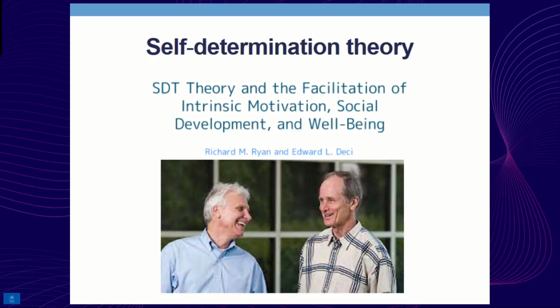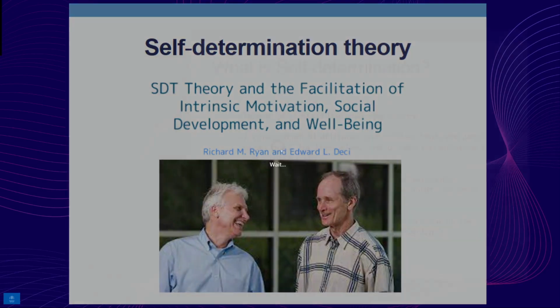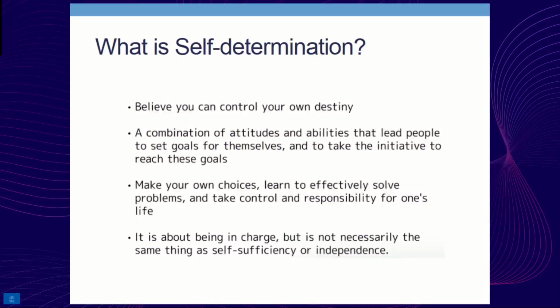And the last theory for today is the self-determination theory of intrinsic motivation, social development, and well-being by Richard Ryan and Edward Deci. What is self-determination? The authors said that it's a belief you can control your own destiny.